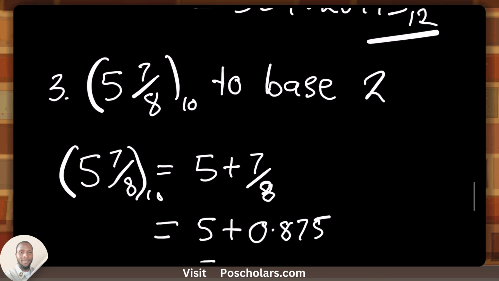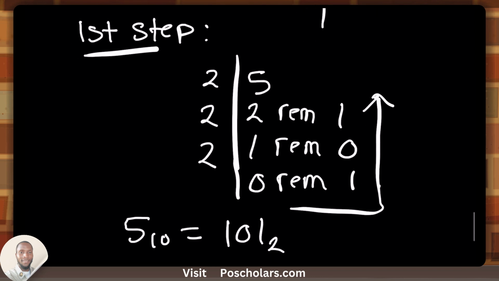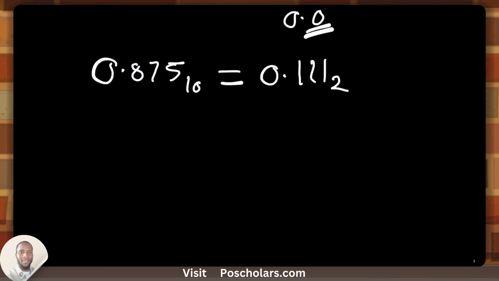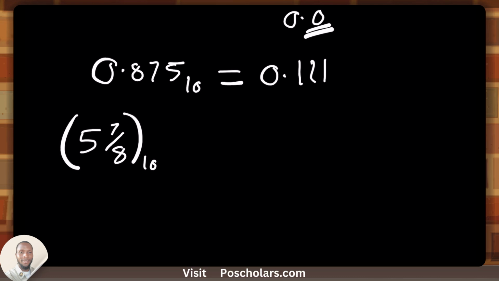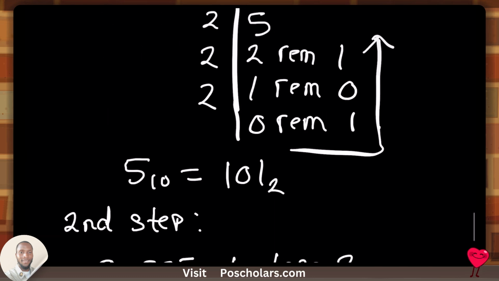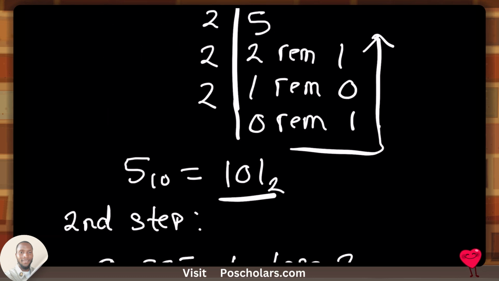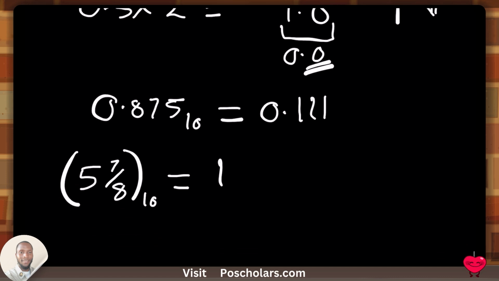The next thing to do is to present your answer finally. Remember the question. The question says convert 5 whole number 7 over 8 to base 2. So 5 whole number 7 over 8 base 10 is now equal to, what's the whole number part? The whole number part is 101 base 2, right?